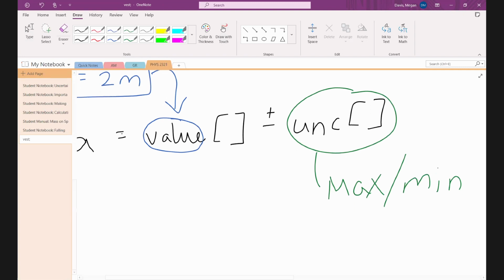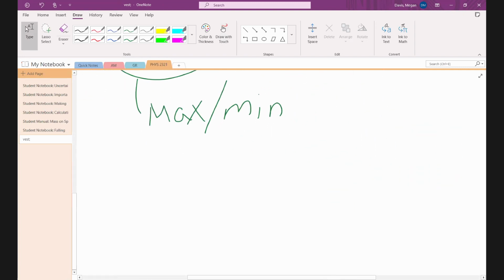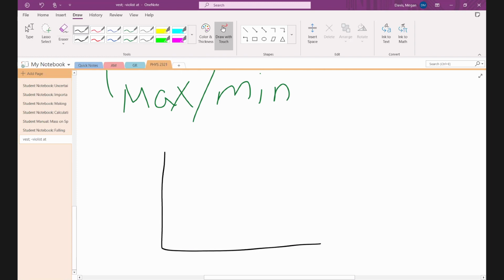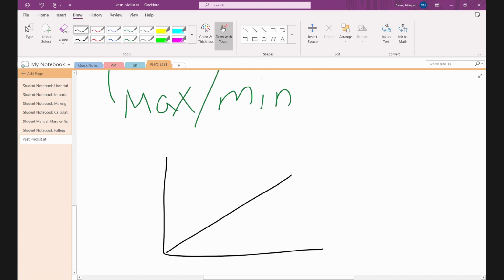So just a quick review about how we do that. You have some plot, you have some trend line, but your points all have error bars, right? I'm just going to draw the error bars themselves, maybe. Your points all have error bars to them.